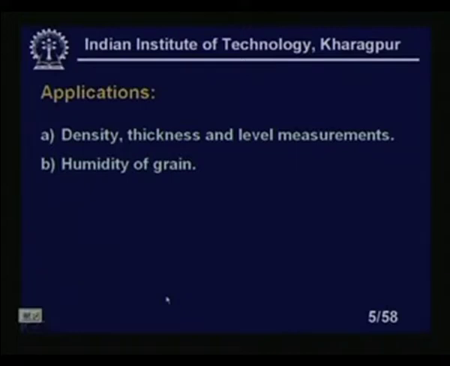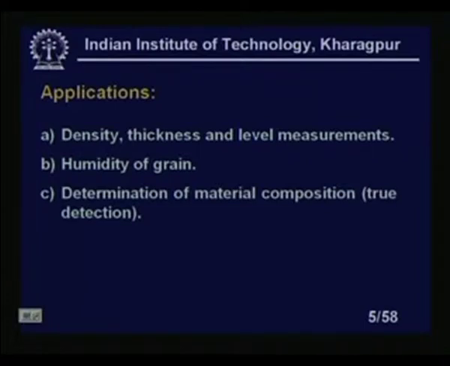Humidity of grain is another example. To store grain, I need some particular humidity to be maintained for good preservation of the grain. So, measurement of humidity in the grain also can be done through nucleonic instrumentation.